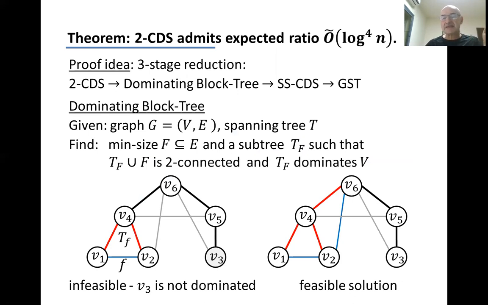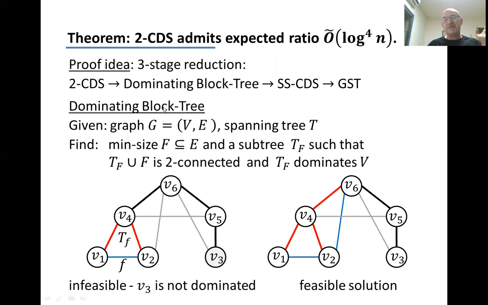And this is done by a result of Abraham, Bartal, and Neiman that shows that there exists a distribution of spanning trees with a stretch roughly log n. So one log n factor is the first reduction, and another log to the 3rd comes from the fact that the group Steiner tree problem admits a log to the 3rd n approximation algorithm.